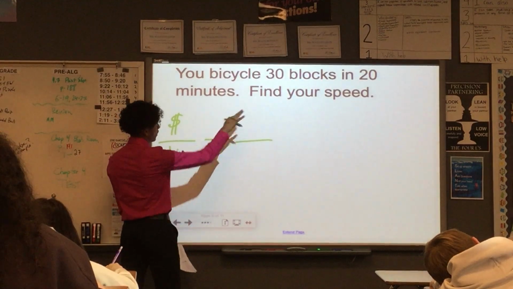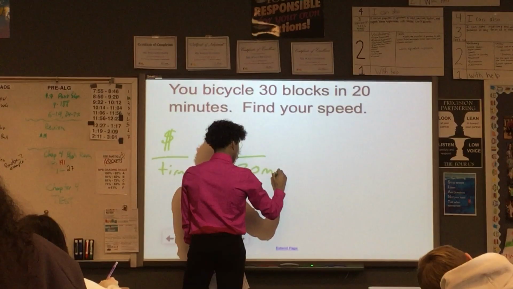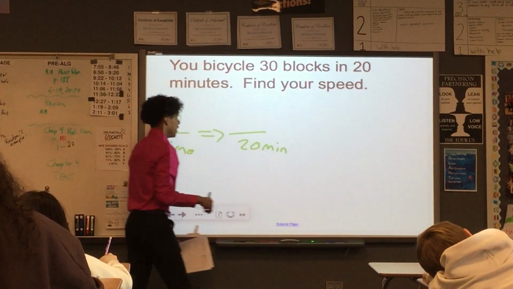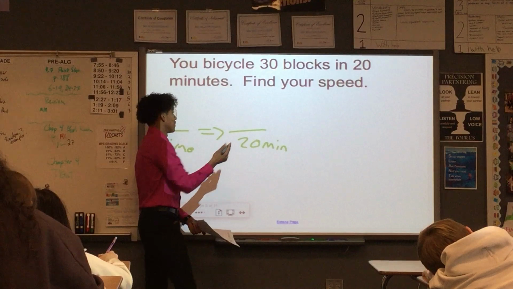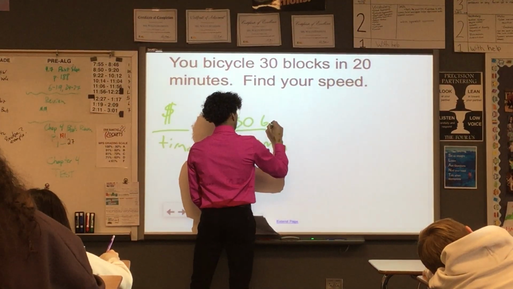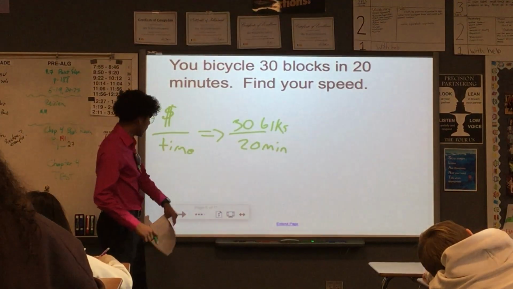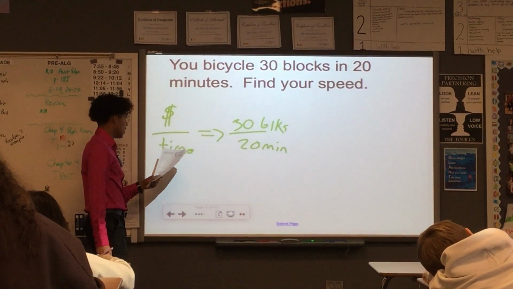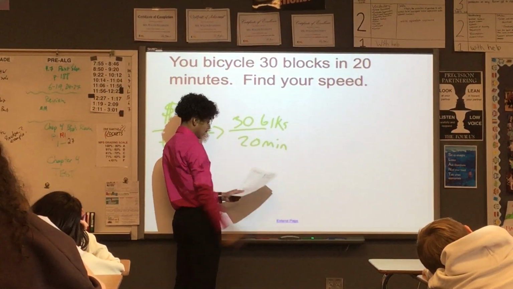All right, so our time is 20 minutes, right? 20 minutes. And then we don't have any money, so we can automatically assume that the 30 goes on the top. Yep. So 30 blocks. I'm going to label that. So that would be our speed. We're going 30 blocks per 20 minutes.